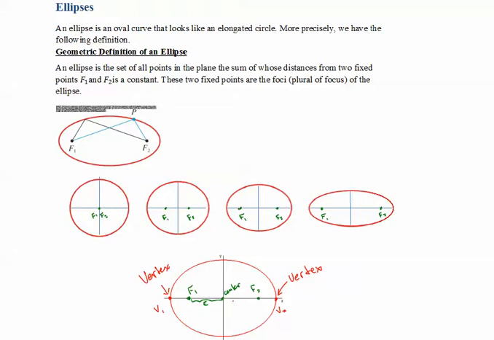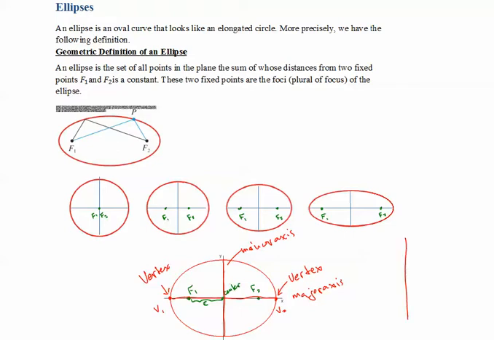The long axis here, we call it the major axis, because it's the longest side. This part here, we call the minor axis, because it's the smallest.